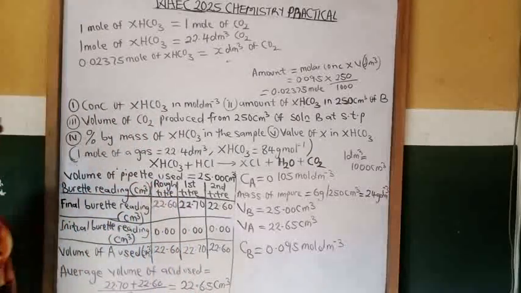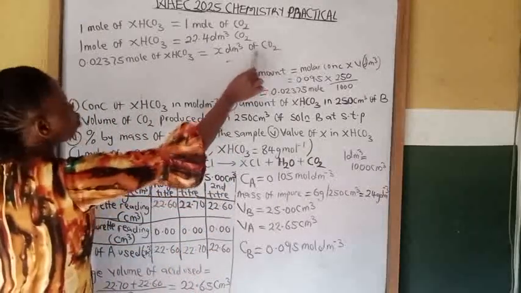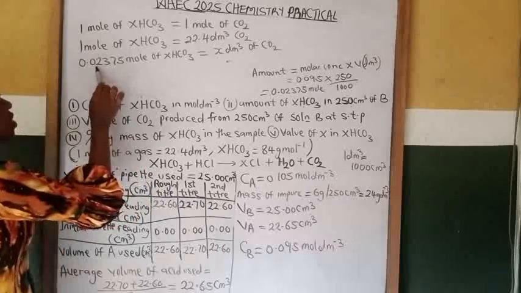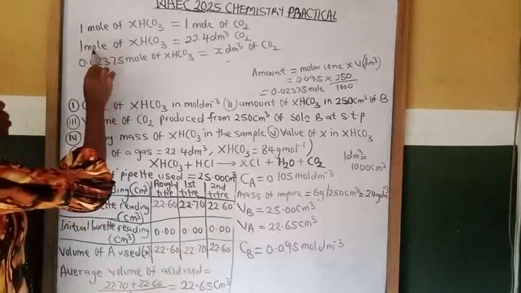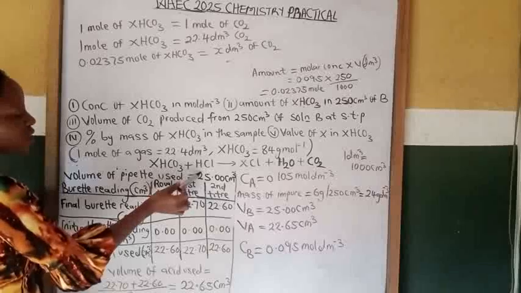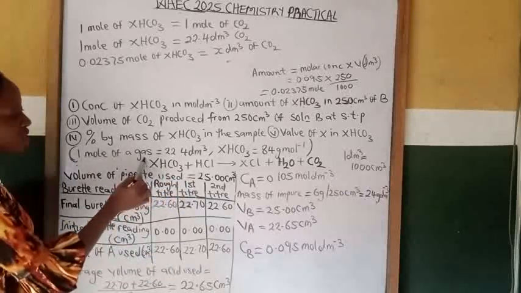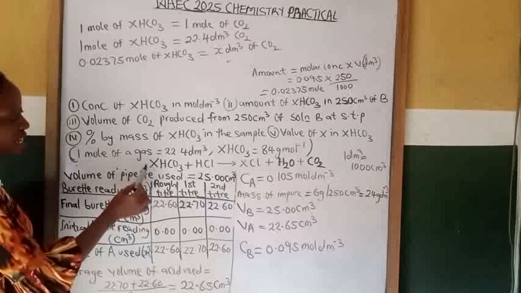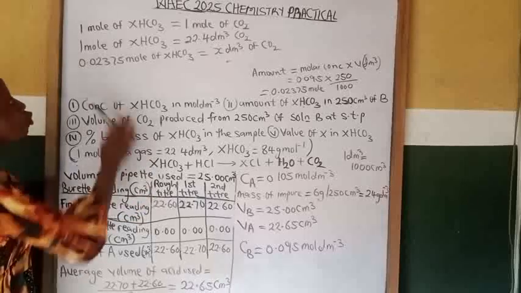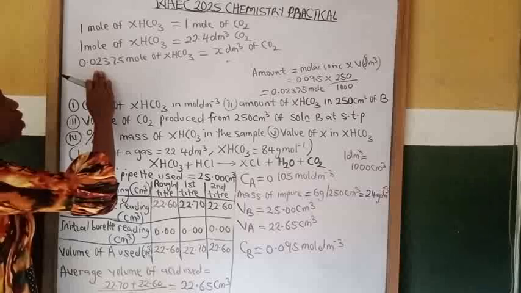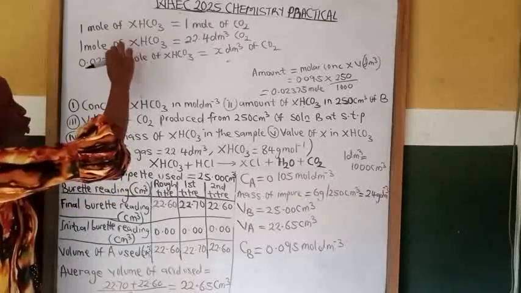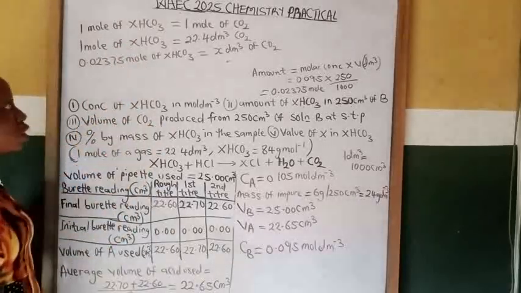So we are looking for the volume of CO2 that will be equivalent to this number of mole. The first number of mole is generated from this chemical reaction. That is 1 mole. So we have to look for the volume of CO2 that will be produced by our new number of mole.